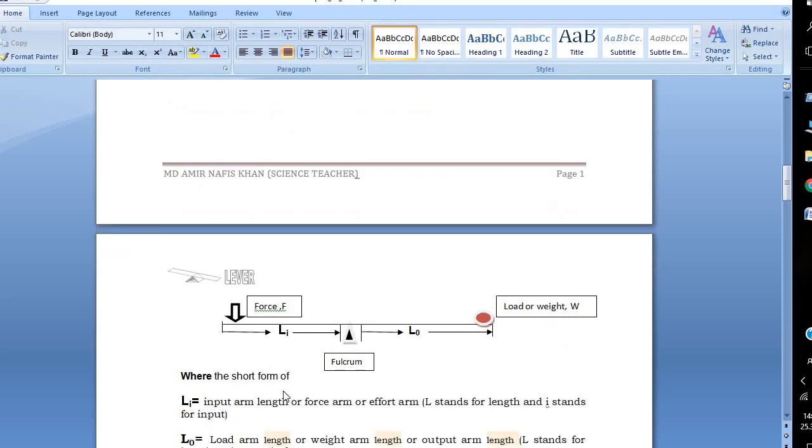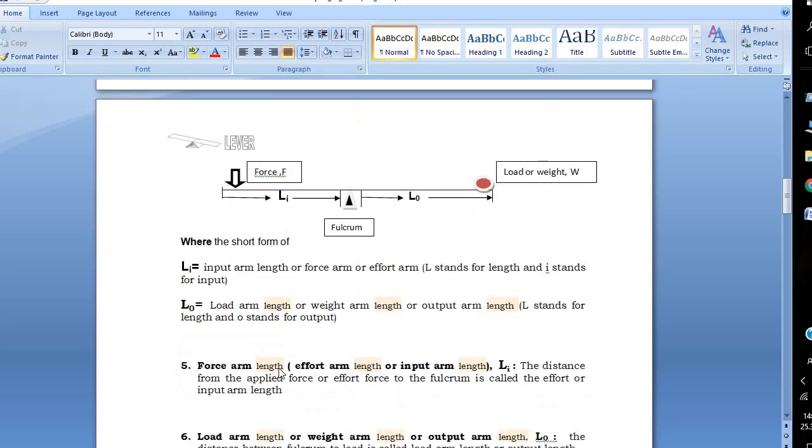Number 5, the force arm length, is very important. You see the picture: this is the fulcrum, and there is a force, and there is a load. It is a very simple lever. The force arm length, or effort arm length, or you can say the input arm length, is the distance between the fulcrum and the force.